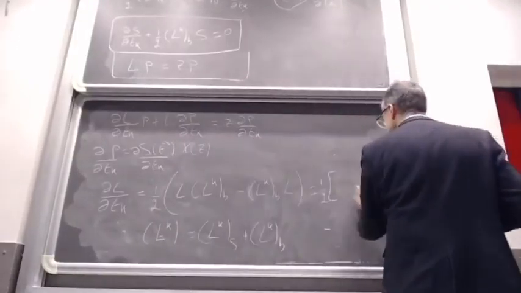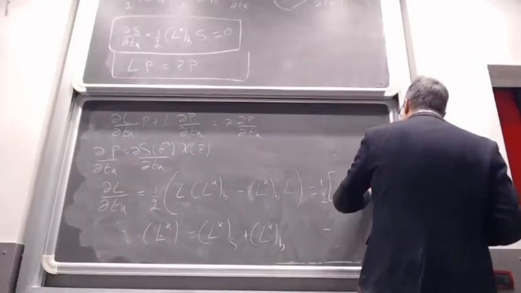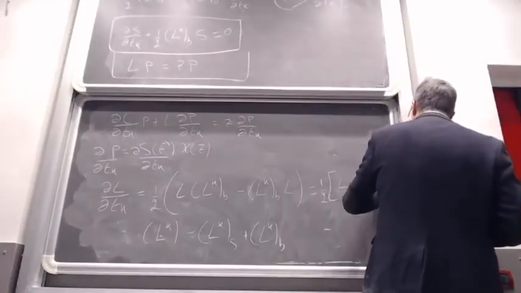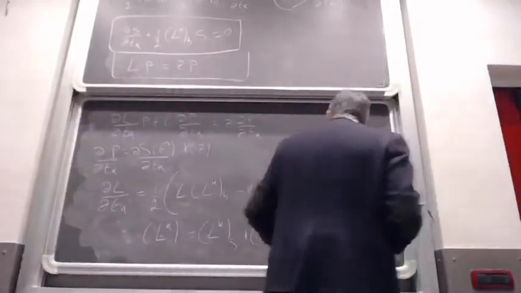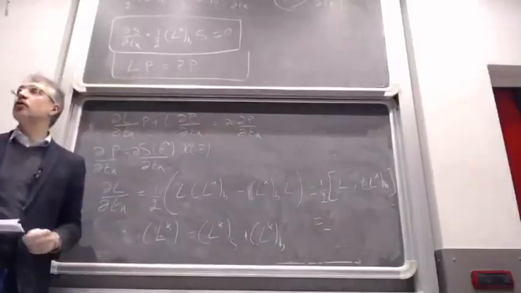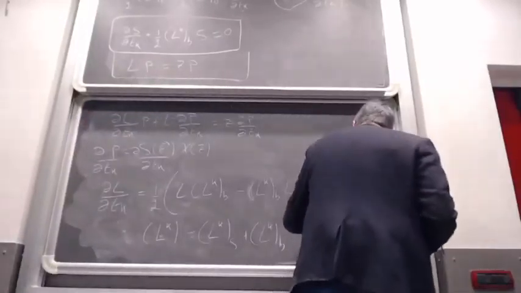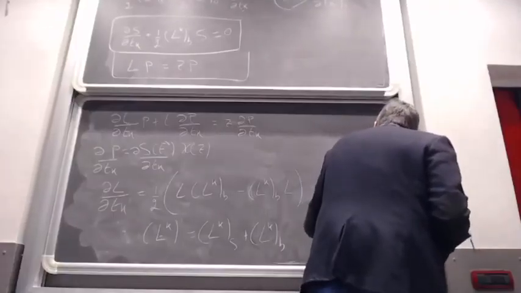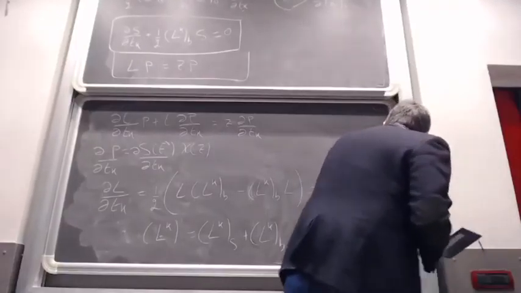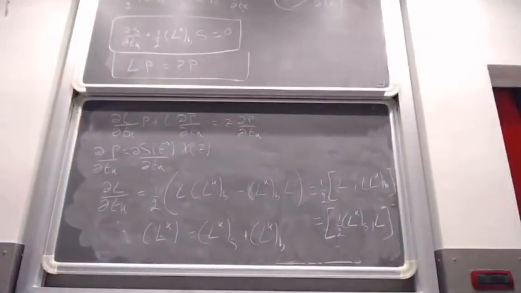And then if we use this equation, since L commutes with itself to the power k, we end up with 1 over 2 the commutator of L^k_S with L, which is what we wanted to prove.